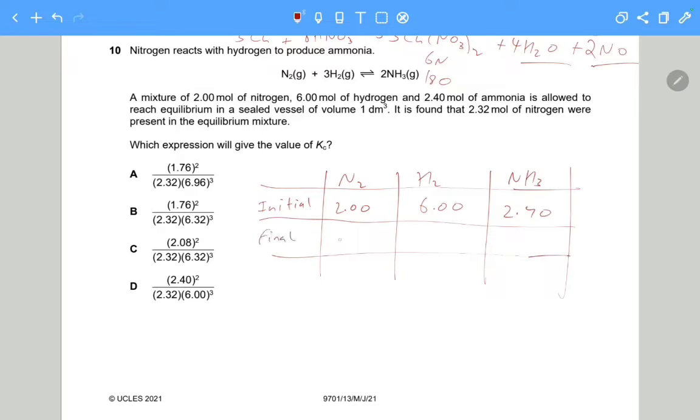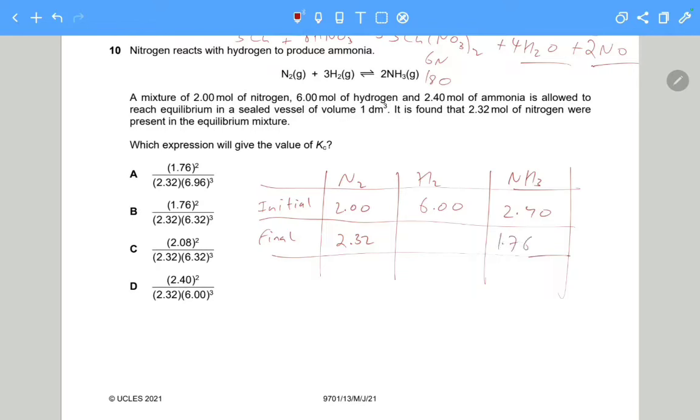So final, we have 2.32 here, and this means that 0.32 moles of nitrogen has been created by the time we reach equilibrium. And because nitrogen and ammonia have a 1:2 ratio, that means to create 0.32 moles of nitrogen, 0.64 moles of ammonia had reacted, which means we have 1.76 left.